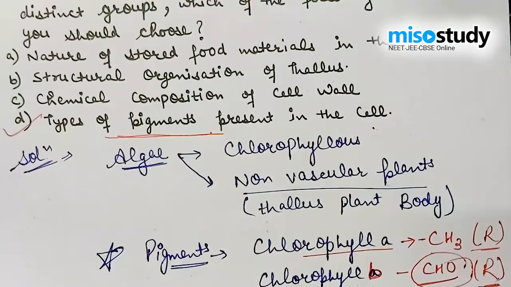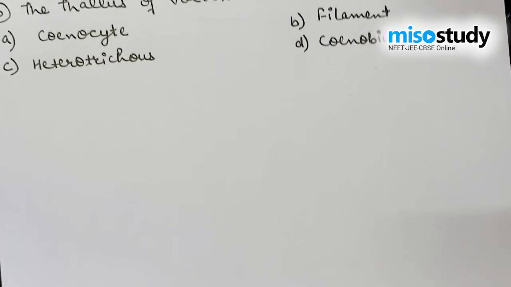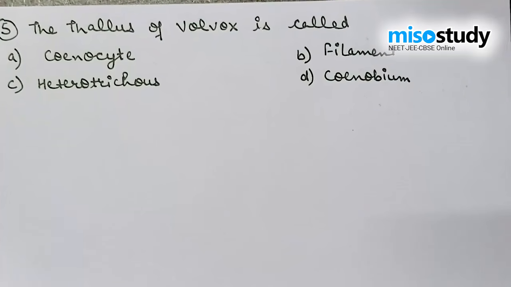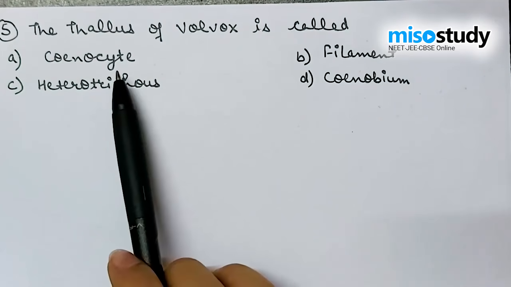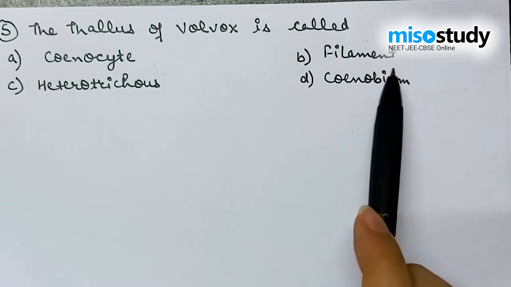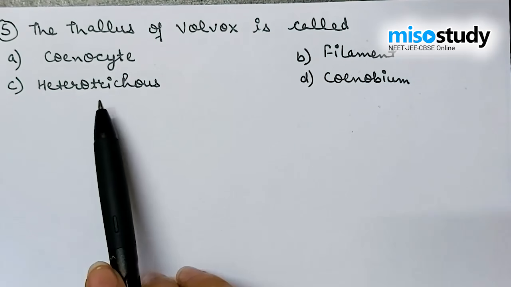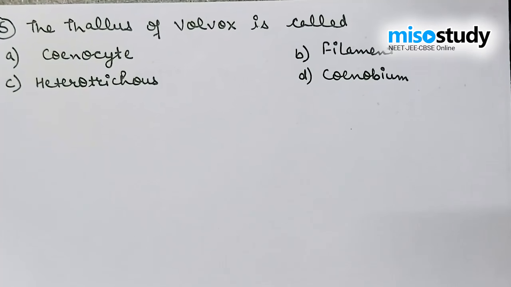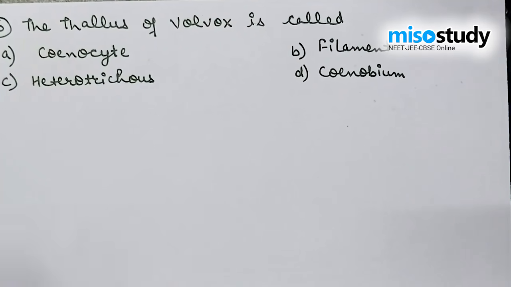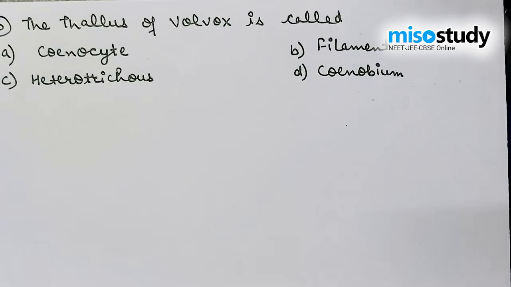So move on to the next question. The next question for plant kingdom is: the thallus of Volvox is called option A cenocyte, B filament, option C heterotrichous, option D coenobium. As we all know, what is Volvox?